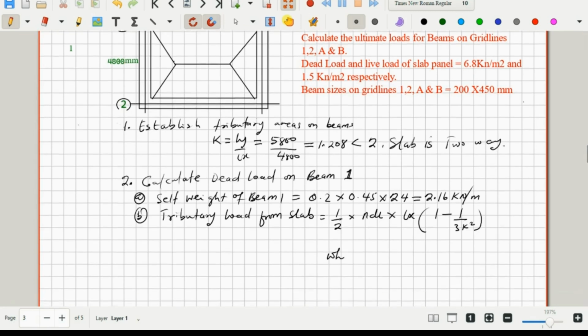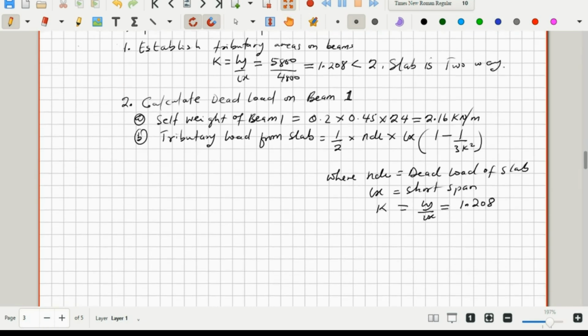Where our NDL is the dead load of slab. Our LX, we know already, that is the short span. And then our K, we've calculated that one previously. That is also a ratio of our Ly over Lx. And that gave us a value of 1.208.